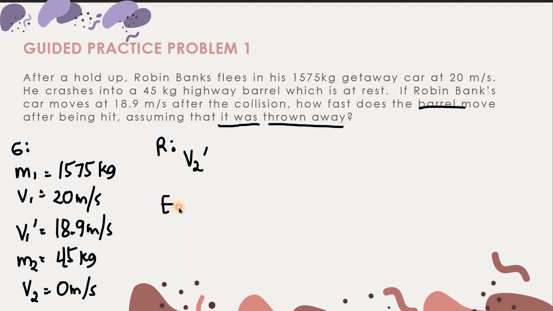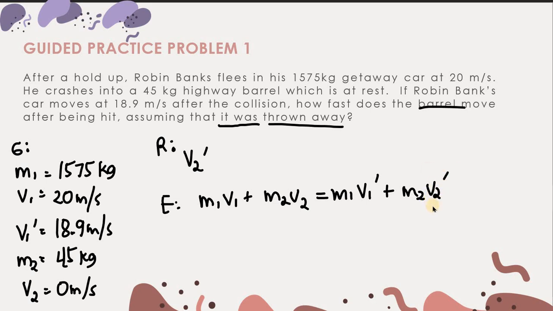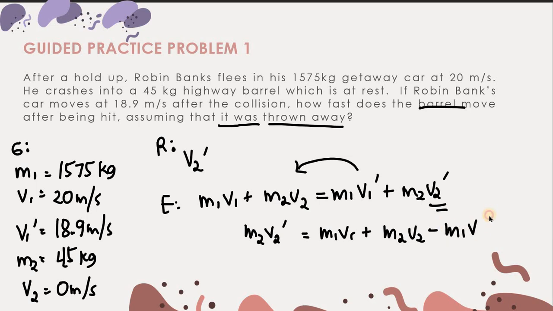From your equation, let's write the equation: M1 V1 plus M2 V2 equal to M1 V1 prime plus M2 V2 prime. We are asked to find V2 prime, so let's derive the equation. Let's organize our equation: M2 V2 prime equals M1 V1 plus M2 V2 minus M1 V1 prime.